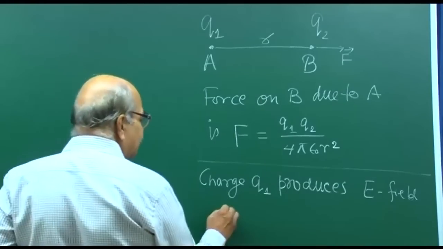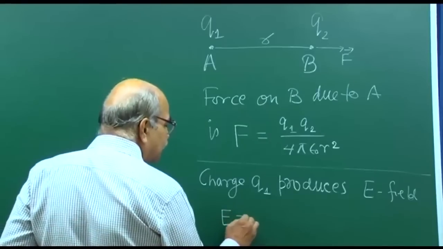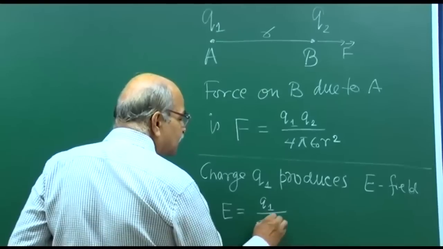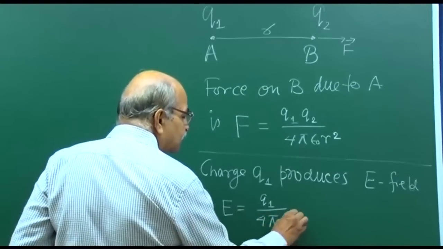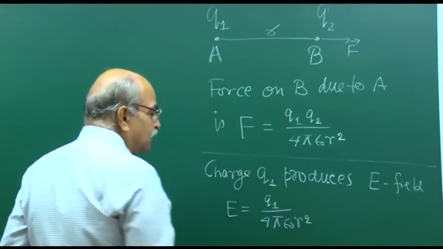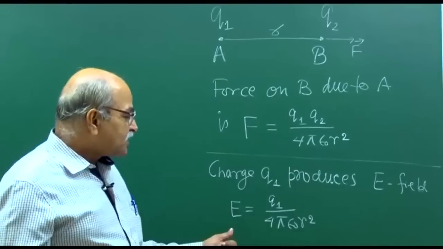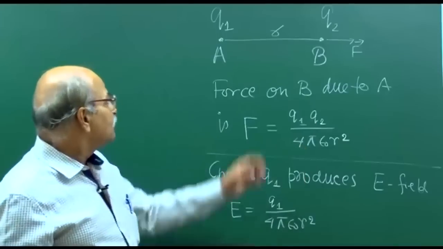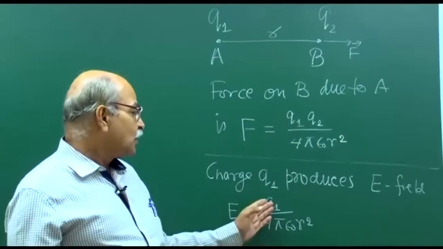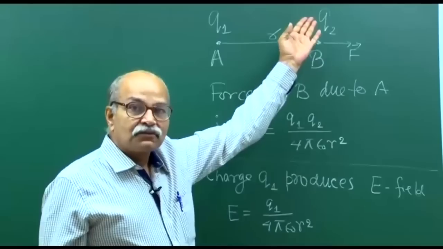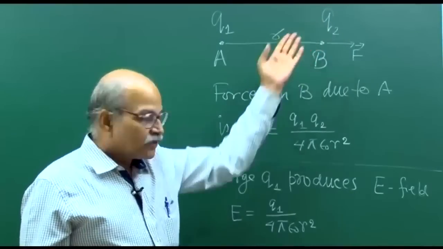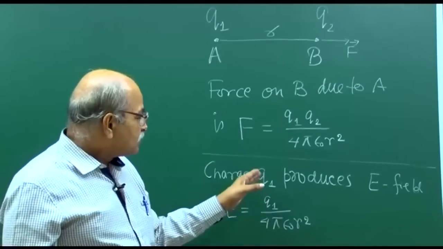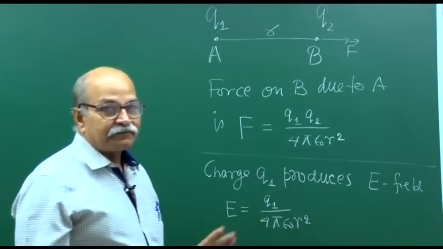So, the electric field is given by Q1 over 4 pi epsilon naught r square. And in which direction? If this Q1 is positive, it is away from that charge. If Q1 is negative, it is towards that charge. So, that is the rule for a charge producing electric field.